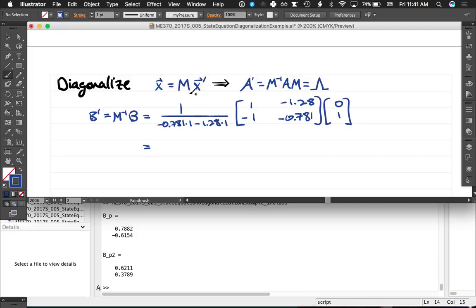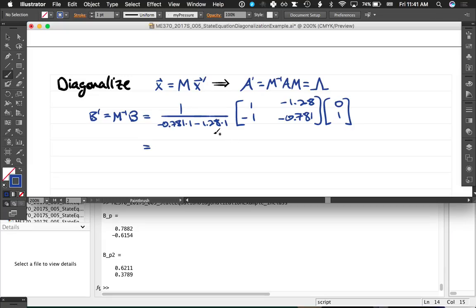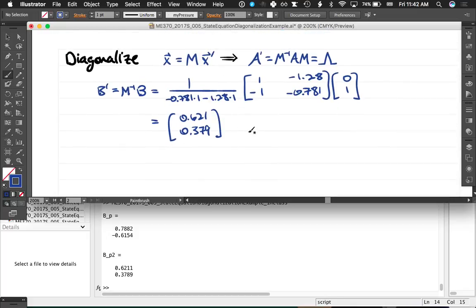But it doesn't matter because you can scale eigenvectors and there's no difference in the eigenvector. So our B prime from Matlab comes out to be 0.621, 0.621, and 0.379. Cool. So we've diagonalized, and that's enough. This is a description of the diagonalized system.